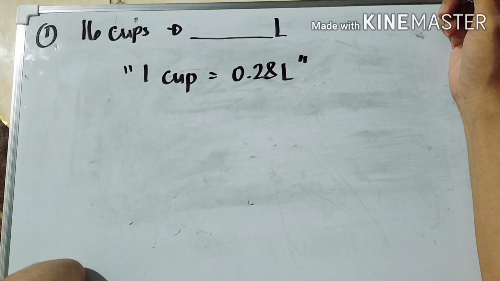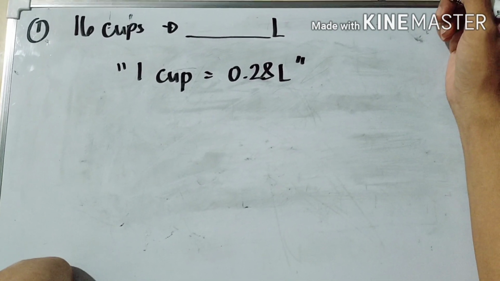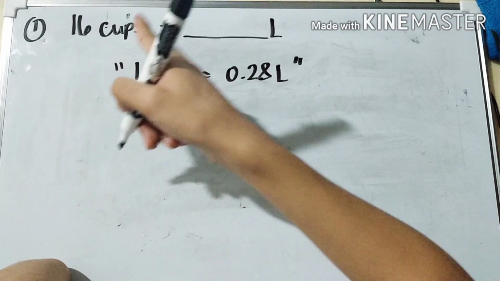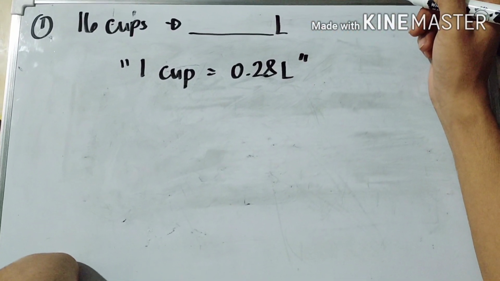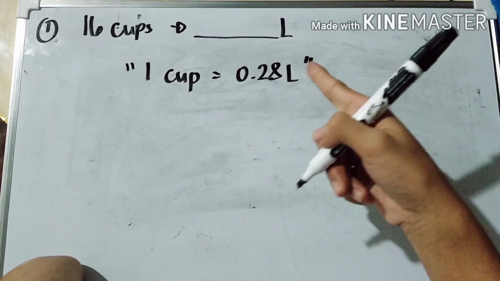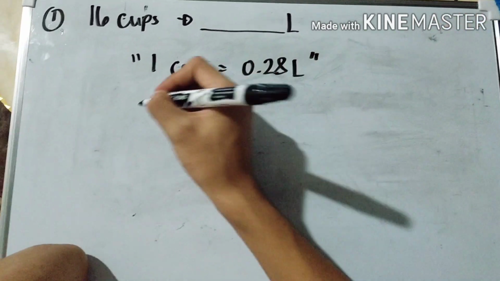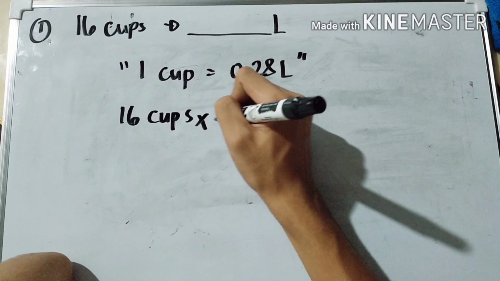Okay, another example. Like for example, I have here how many liters is there in 16 cups of milk. So 16 cups gusto natin gawin into liter. And based from dun sa given conversion table, we know that 1 cup is equivalent to 0.28 liter. So katulad ng ginawa natin kaninang pagko-convert, you write the given 16 cups multiply over.